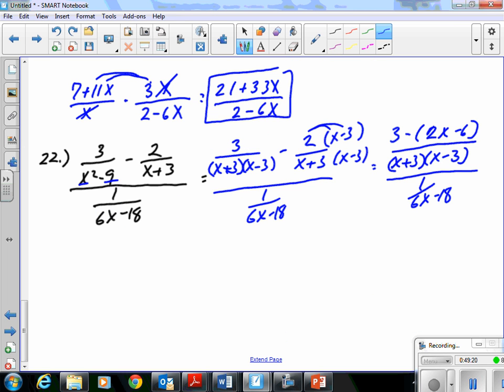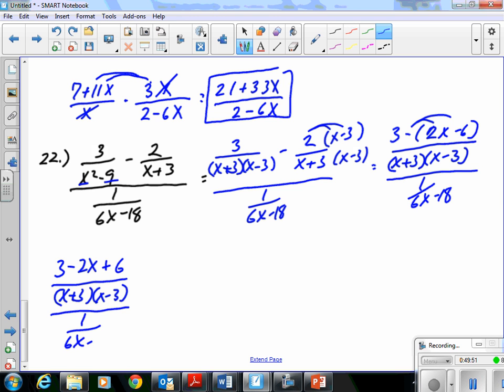So we can go ahead and simplify that a little bit. That's going to give us negative, rewrite that, 3 minus 2x plus 6 over x plus 3, x minus 3, over 1 over 6x minus 18.